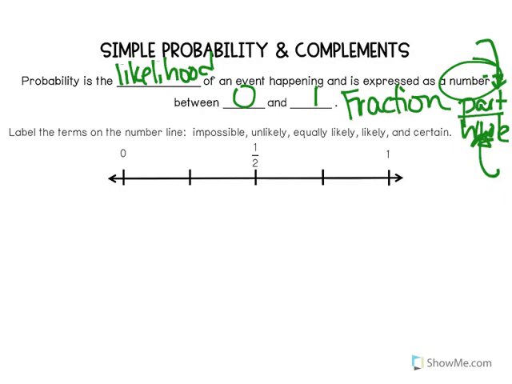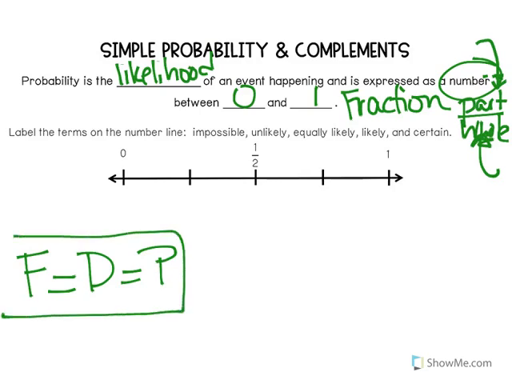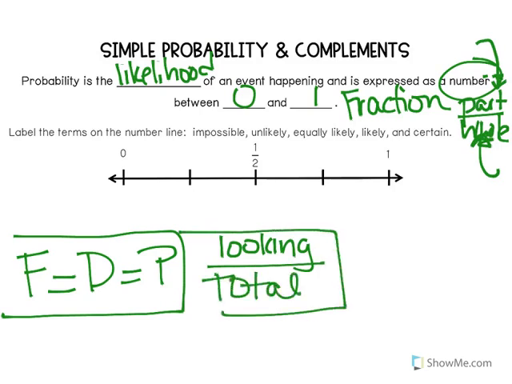So we write our answers as fractions, and as we know, fractions can be written as a decimal and a percent. And we always express it as what we are looking for versus your total, your whole. Okay? That is probability. So let's talk about fractions.